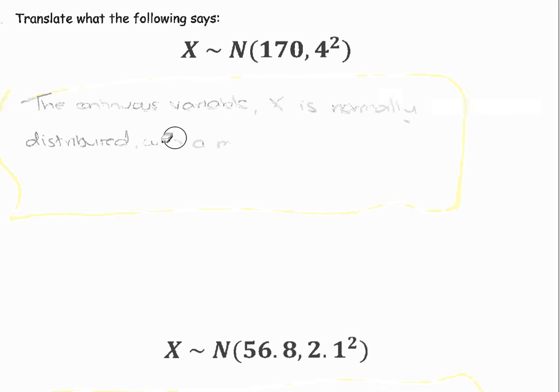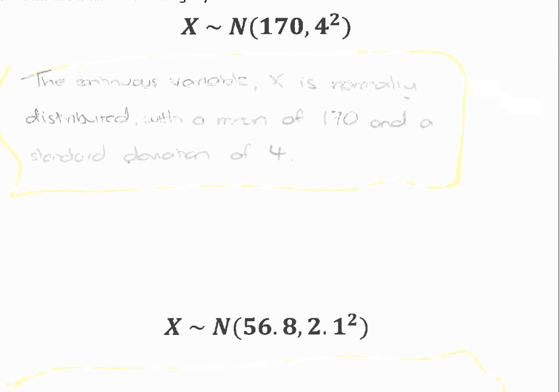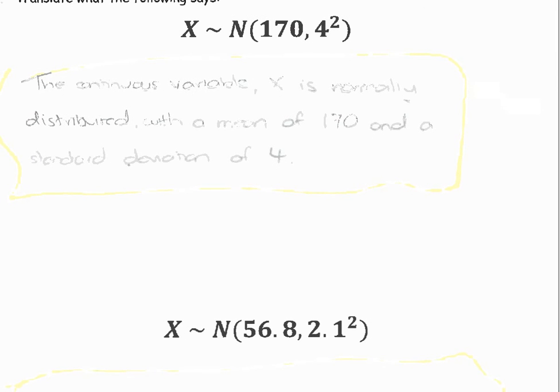So with a mean of 170 and a standard deviation of, try to think, is the standard deviation 16 or is it 4? The standard deviation is 4, just that number there, so ignore the squared. So the continuous variable X is distributed normally with a mean of 170 and a standard deviation of 4. It's another way of giving you a question where they just don't say the words standard deviation and mean. They just put it in symbols instead.